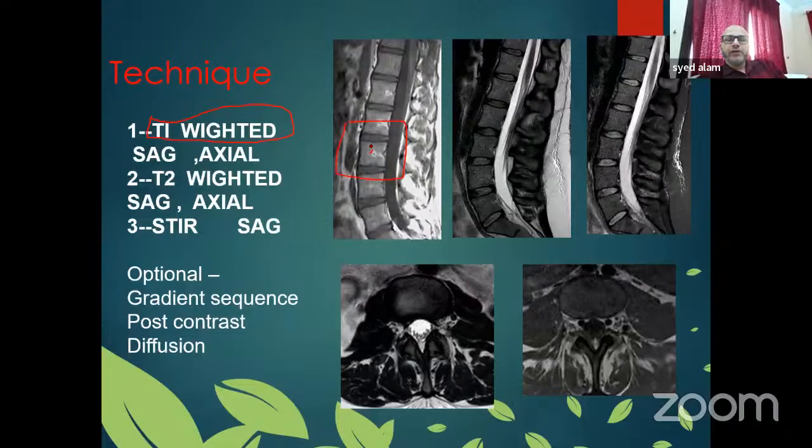Take-home message number one: the vertebral body should be brighter than the disc. That is the most important. For normal marrow, after the age of 20 to 25, most of our spine converts to yellow marrow. In that case, on the T1 sequence, the vertebral body should be brighter than the disc.